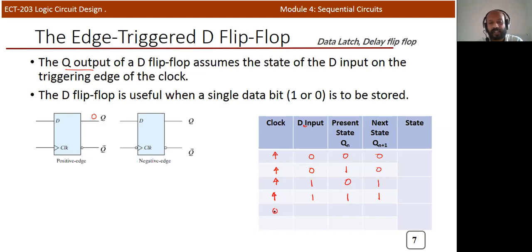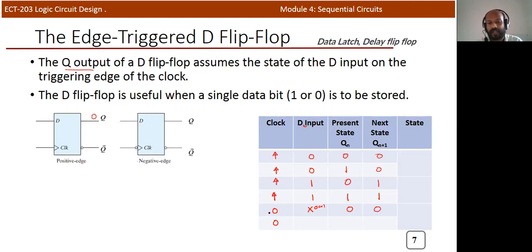But if the clock signal is 0, whatever the input is, 0 or 1, we'll put it as a don't care condition. And if the present state is 0, there is no change in the output, it will continue in the previous state, so that is 0 itself.